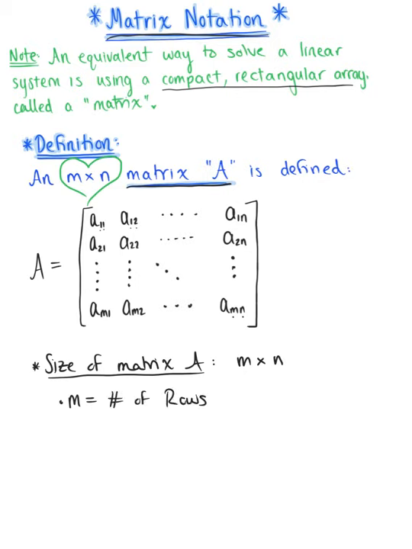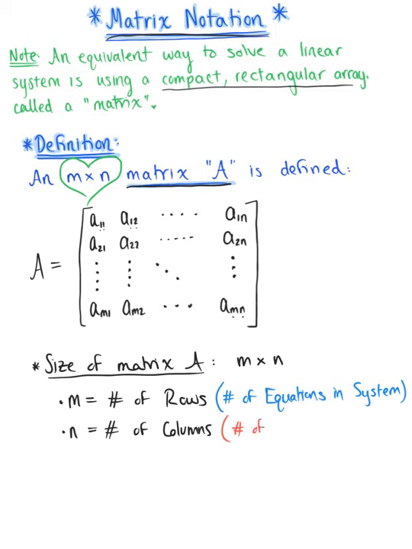So the number of rows are equivalent to the number of equations in the linear system. And we say that N is equal to the number of columns. And the number of columns is equivalent to the number of variables in an equation.